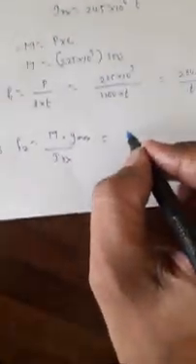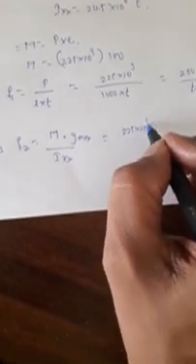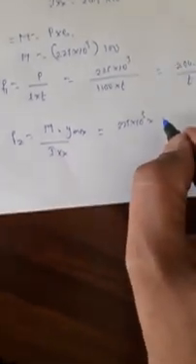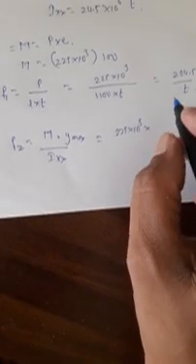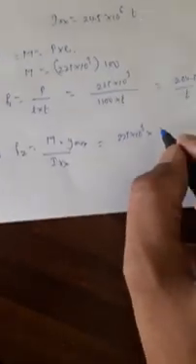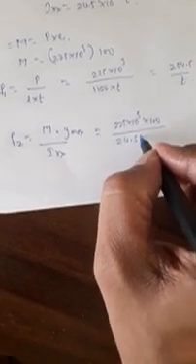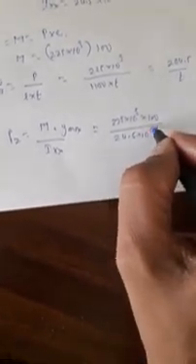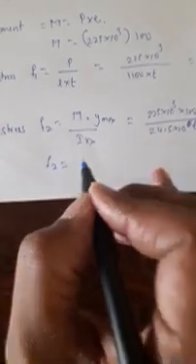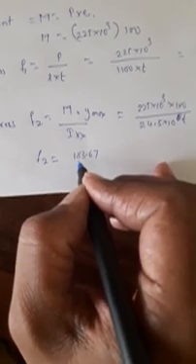So writing the equation, 225 into 10 raised to 3 into 100, this is M, divided by IXX. So IXX is 24.5 into 10 raised to 6 T, into Y max. Y max is 200. So I get the value F2 is equal to 183.67 divided by T.